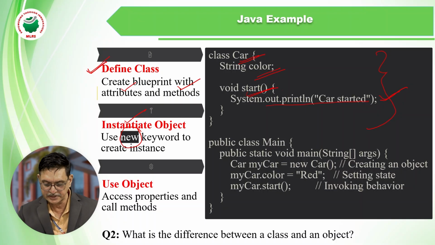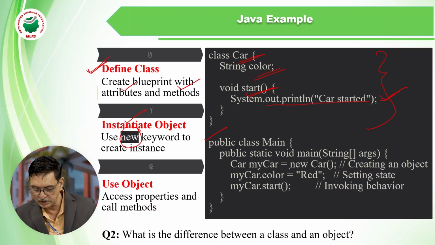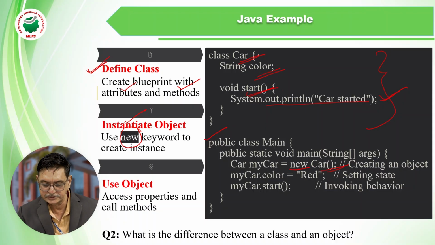For example, here in the public class main method, using the new keyword, we are creating this car class type, which is already created here. So this new Car is creating an object called myCar of type Car class. So it creates an object.